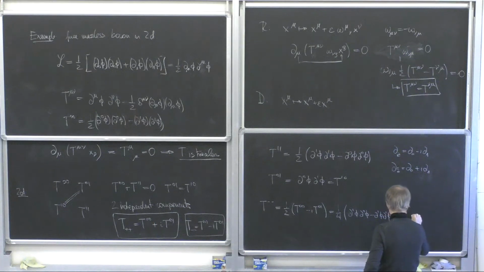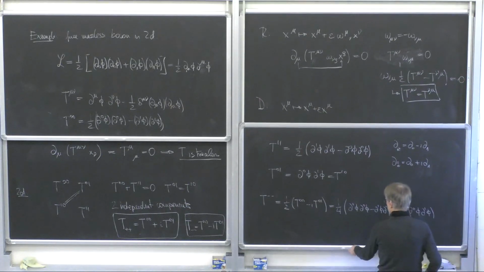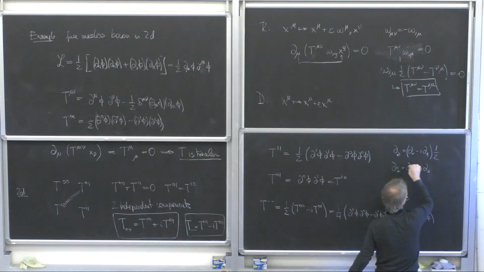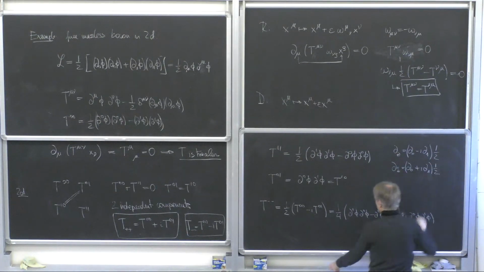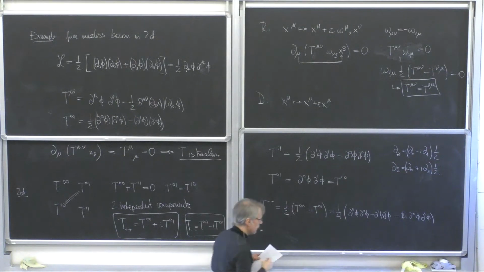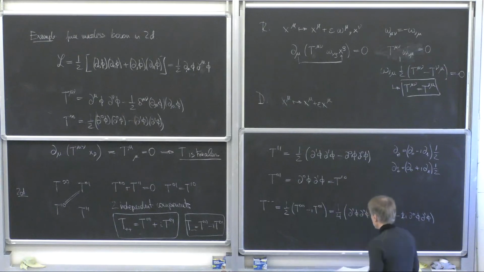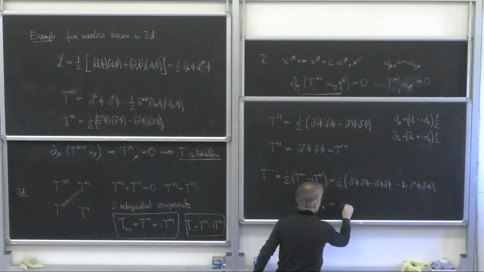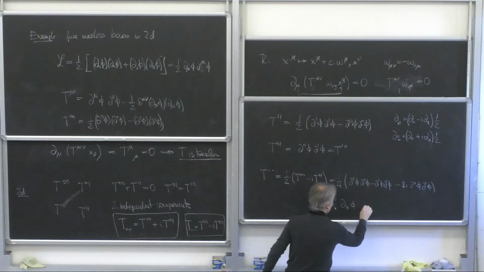So I have d0 phi d1 phi. And now what you spot is, there should be a factor of a half here, I guess. I want to introduce a factor of a half. And then this is exactly equal to dz phi times dz phi.